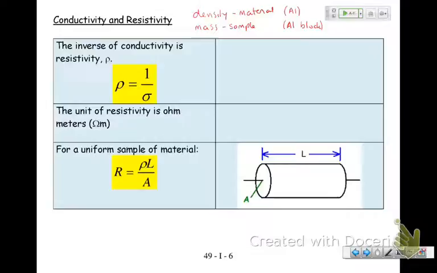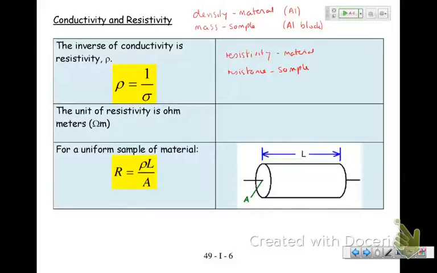In the same way, we can talk about the resistivity of a material, and we can talk about the resistance of a sample of that material.